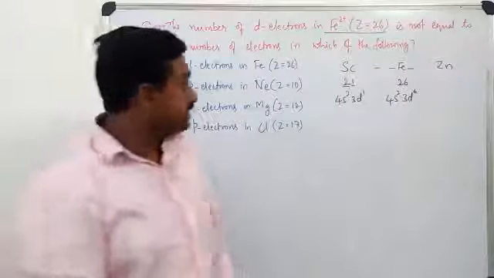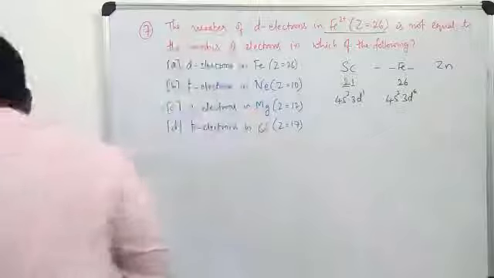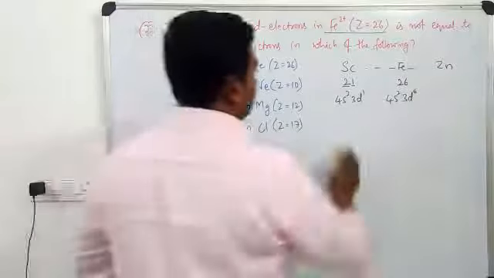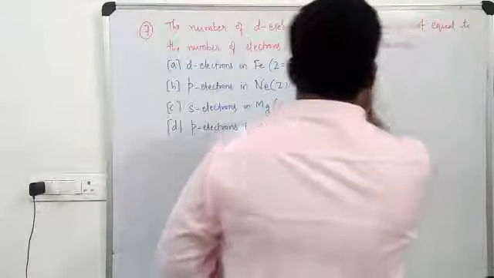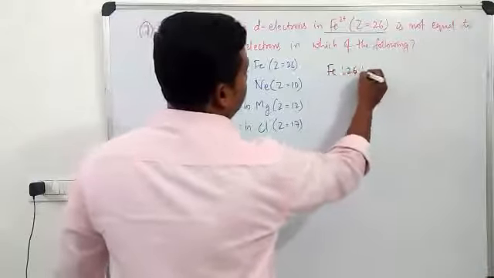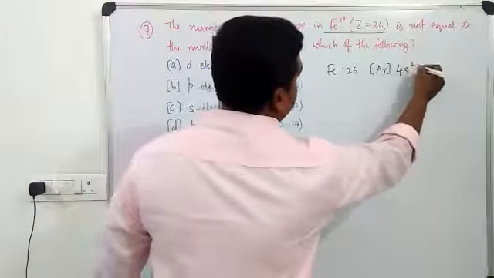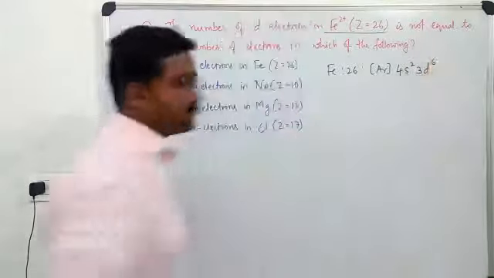Okay, now I will consider the first case, iron with atomic number 26. Its configuration is argon core 4s2 3d6.